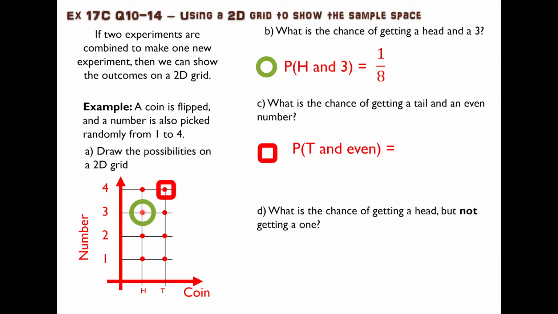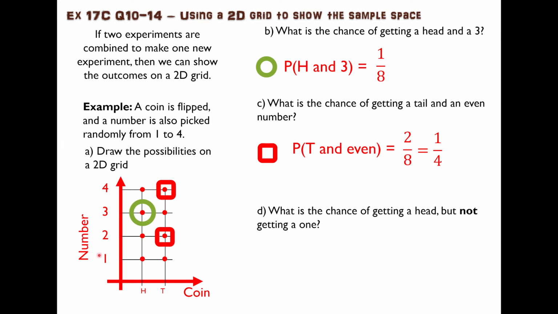This is a head and a 3, a tail and a 3, head and a 2, and so on. So the only 2 outcomes that match are this one and that one. Those are the outcomes where I got a tail and I also got an even number, a 2 or a 4. So I can write probability of tail and even equals 2 out of 8. And I can simplify that too, to be 1 out of 4.